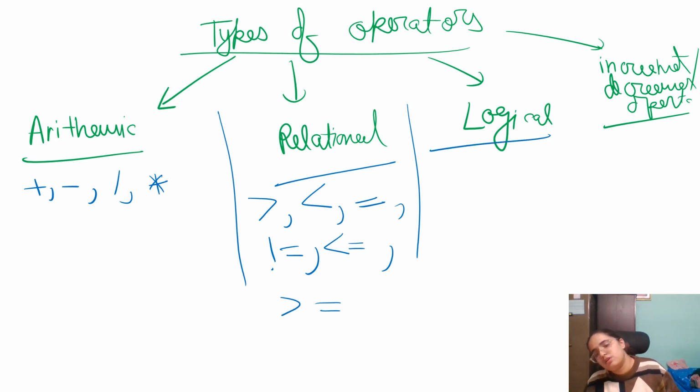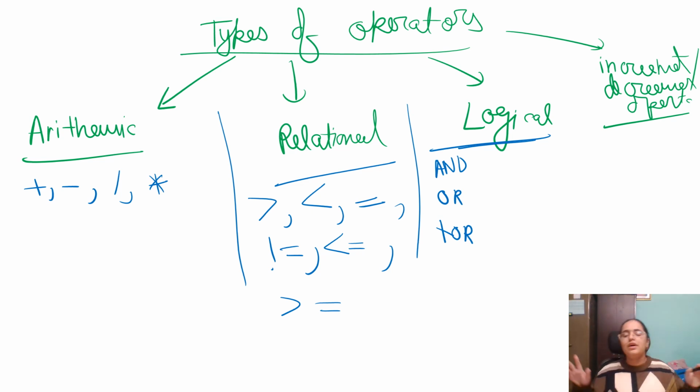Then comes my logical operators. So the main three types in logical are AND, OR, and XOR. So if I have two statements and both of them are true, then my answer is true. So if I say that my earth rotates and my sun is still, both the statements are true, hence my AND operator will give me true.